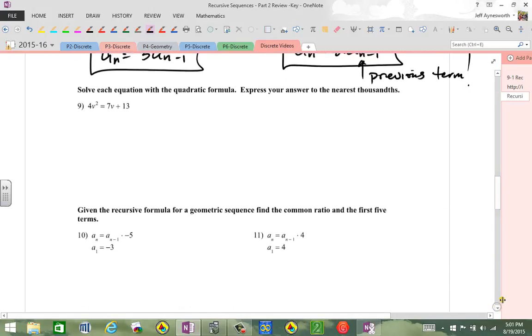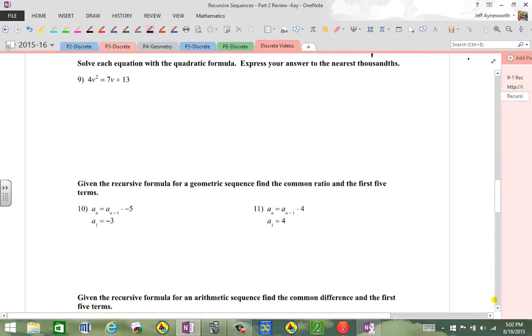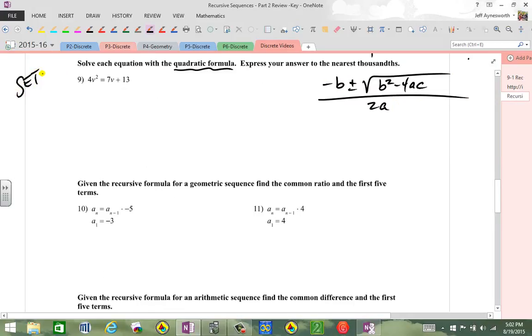All right, we're rocking, we're rolling. Let's see here. Solve each equation with the quadratic formula. Negative b plus or minus the square root, b squared minus 4ac, all divided by 2a. So the very first thing you do, though, you've got to set it equal to 0 first. All right, so that means subtract 7v.